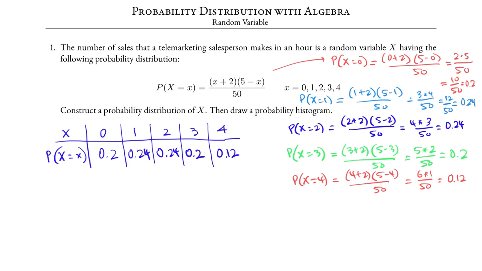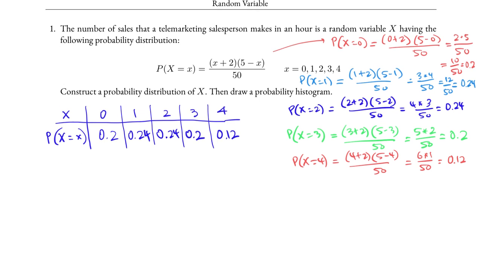We can also double check that each of these values is between 0 and 1. And if we take 0.2 plus 0.24 plus 0.24 plus 0.2 plus 0.12, we would get exactly 1. Next, draw a probability histogram.